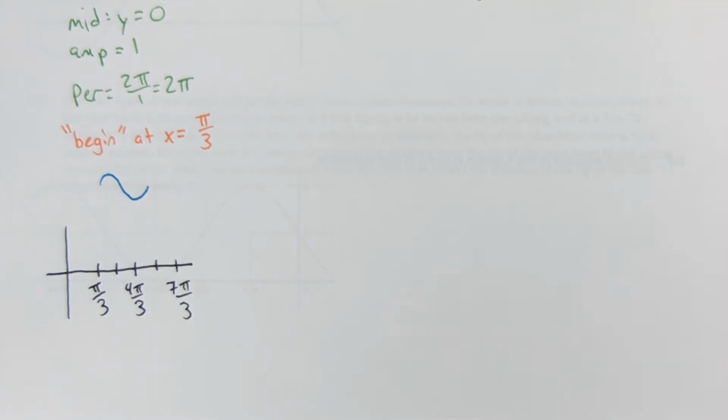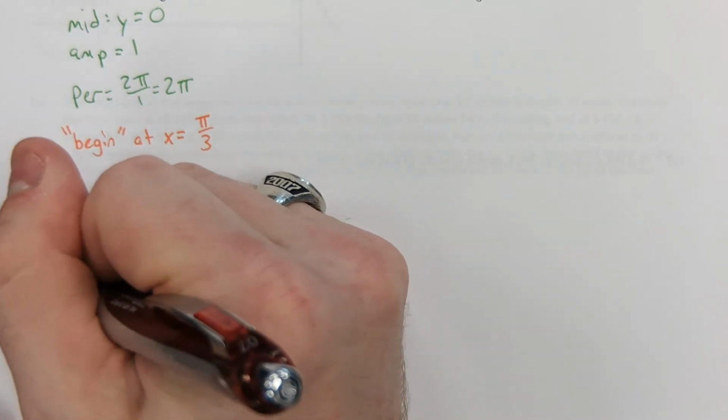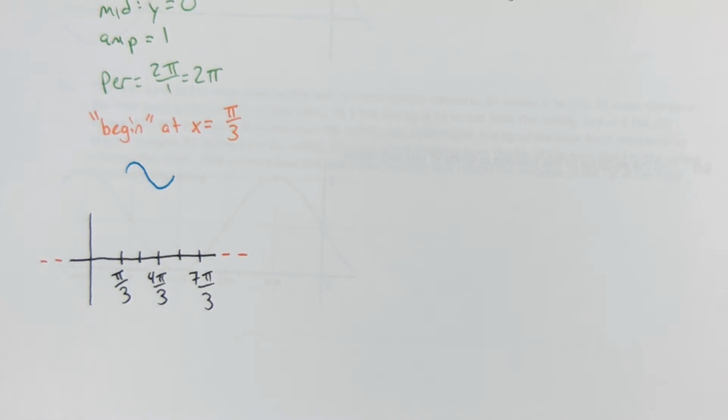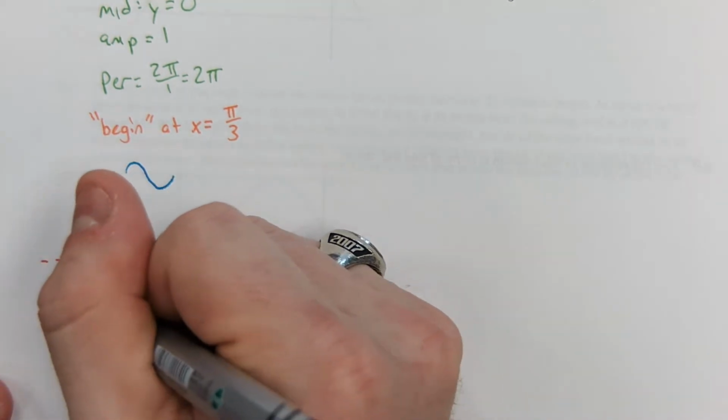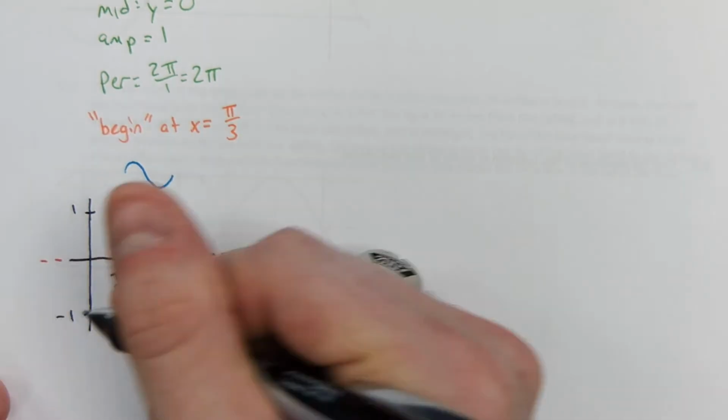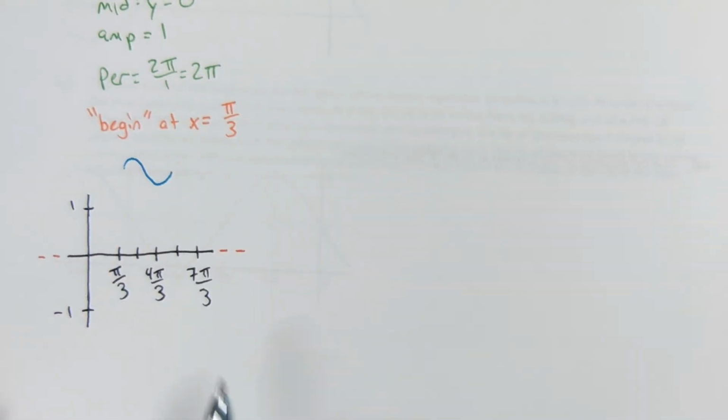My midline is the x-axis. So I'll just do that. Amplitude is 1. That means it's going to go up to positive 1, down to negative 1. And I only drew that so tall because I wrote these numbers really tall.